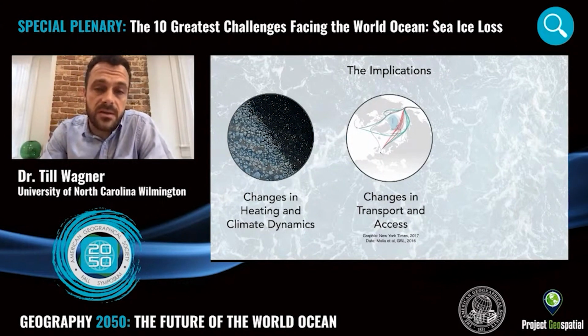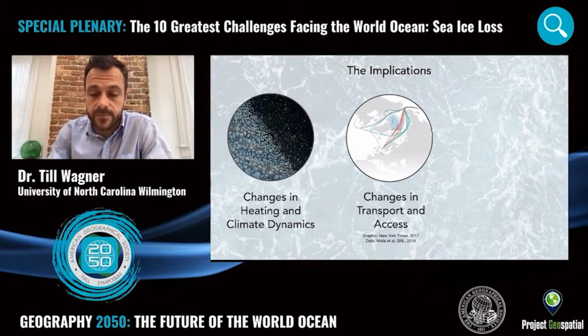Beyond shipping and transport, tourism is exploding in the Arctic basin. And obviously there is a lot of interest in exploring oil and natural gas extraction in the area, which comes with its own set of promises and risks.